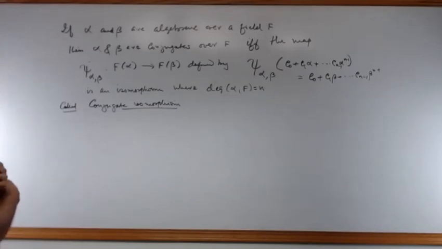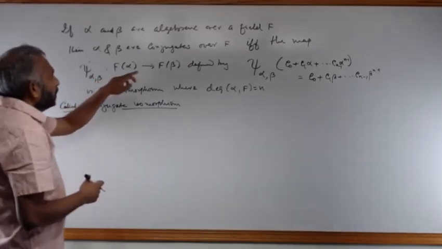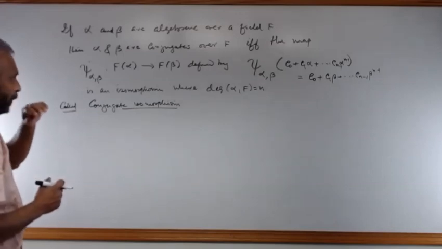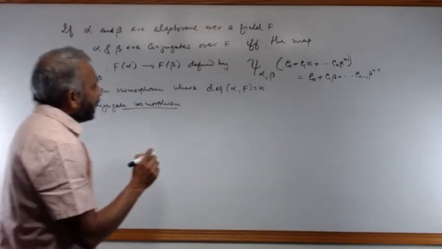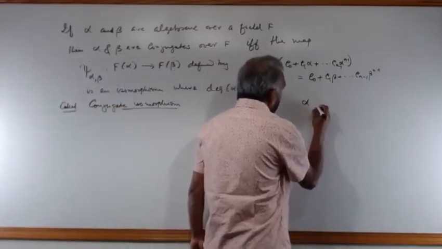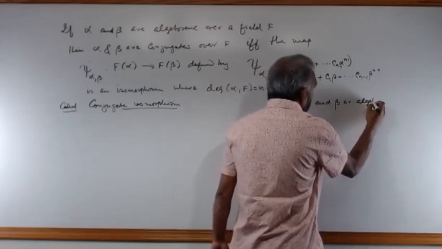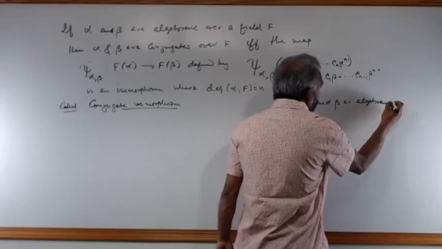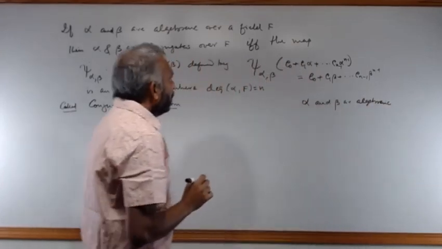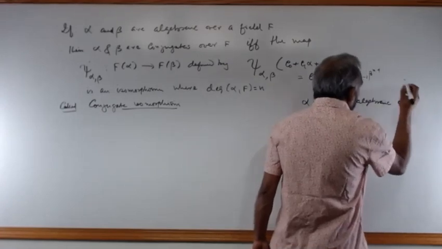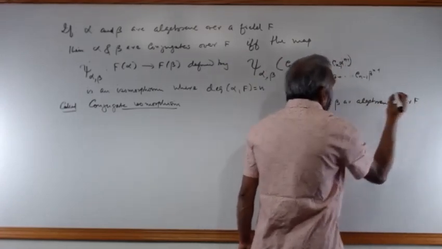There are some things we want to note in this conjugate isomorphism. First of all, when we say alpha and beta are algebraic over F, what does that mean?